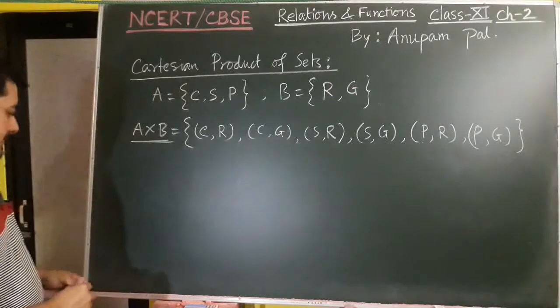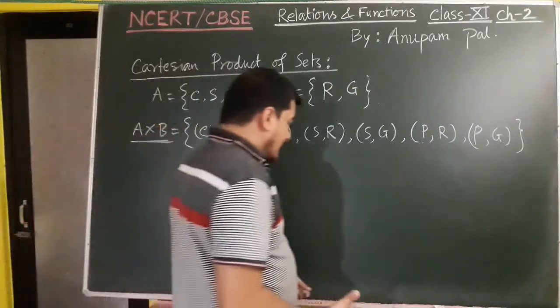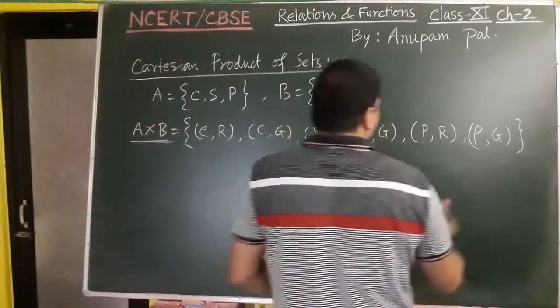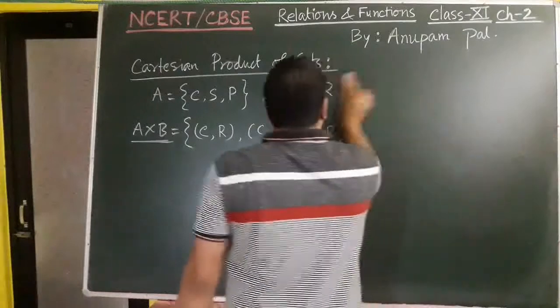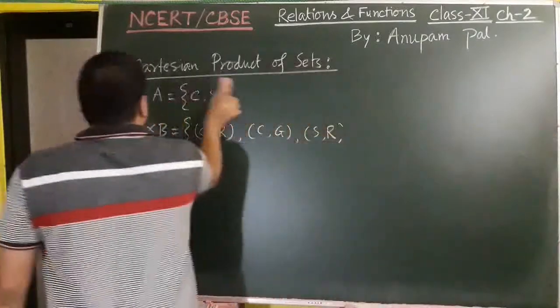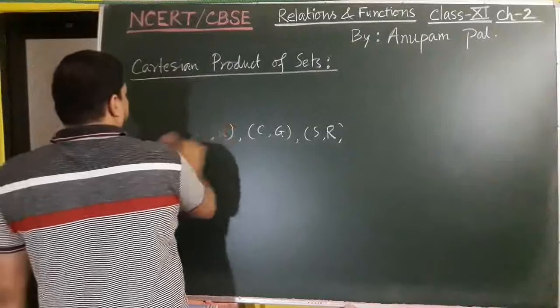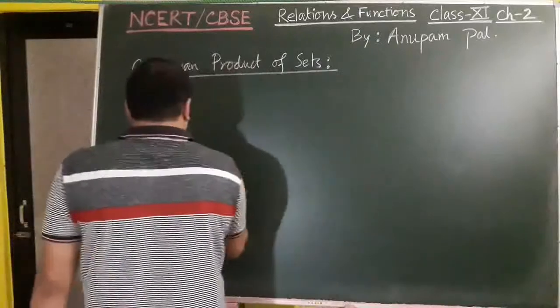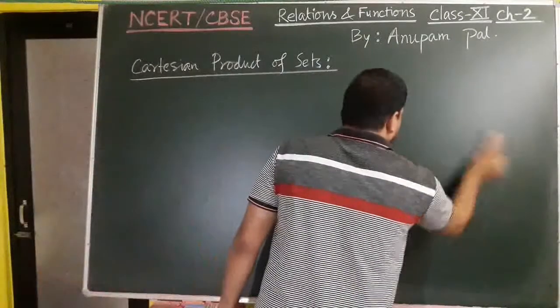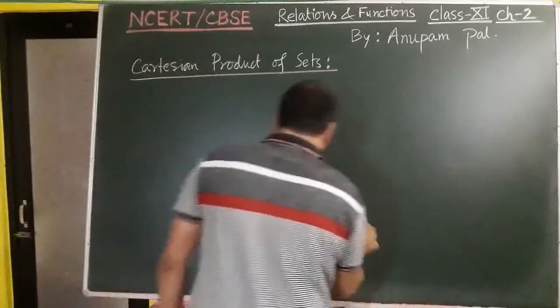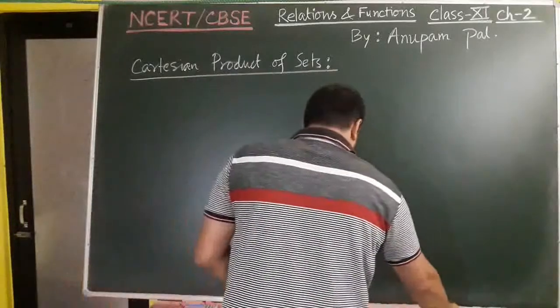Fine. Okay, so now we shall look at some important observations about this Cartesian product of two sets, the Cartesian product of the sets A and B, or the Cartesian product of three sets. It does not really matter.